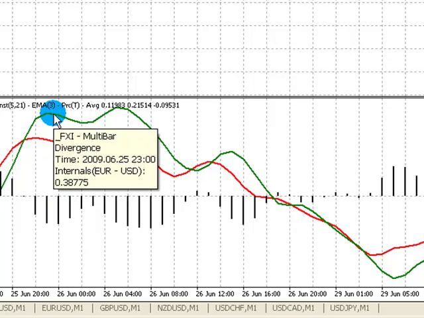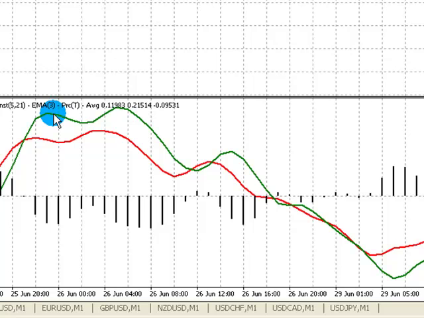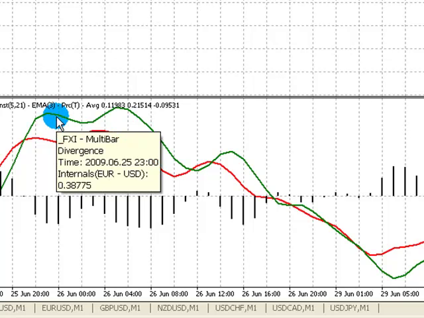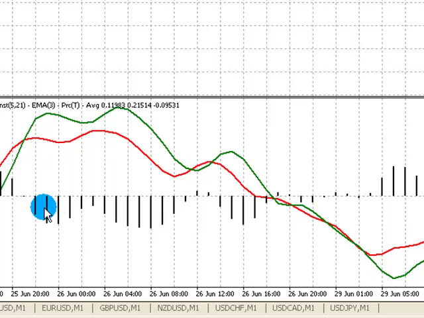If we come up here and look at the green line, that is the internal strength, the euro minus the dollar. The euro compared to all other currencies but the dollar's strength, less the dollar's strength compared to all other currencies. So in this case, it's a positive 0.38775. And the histogram down here is the difference of those two things.